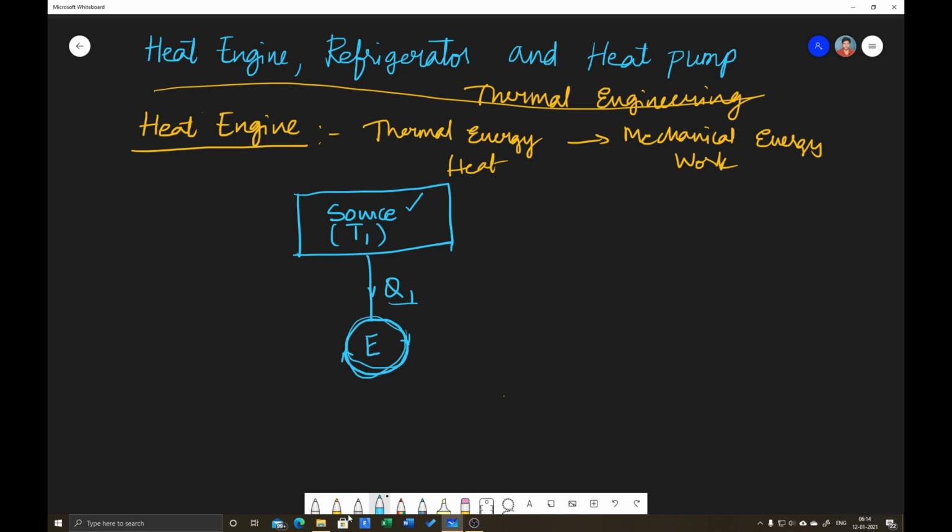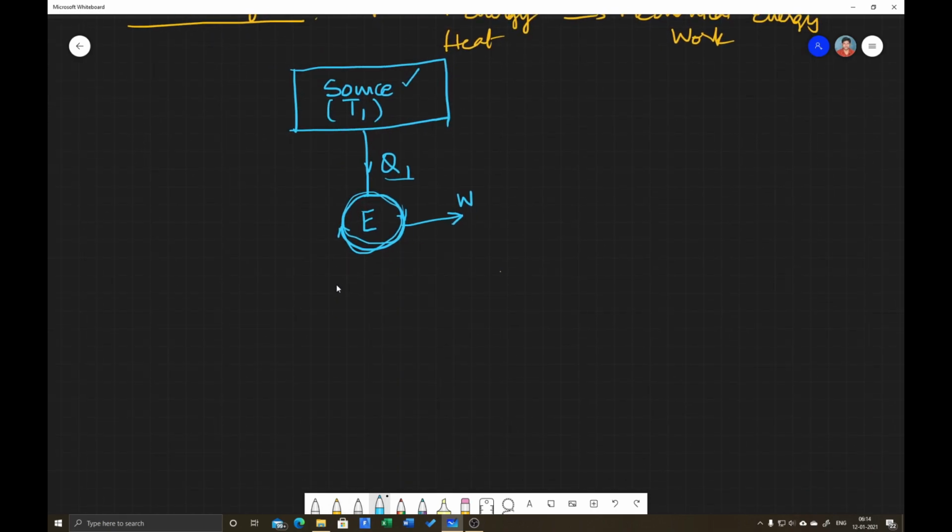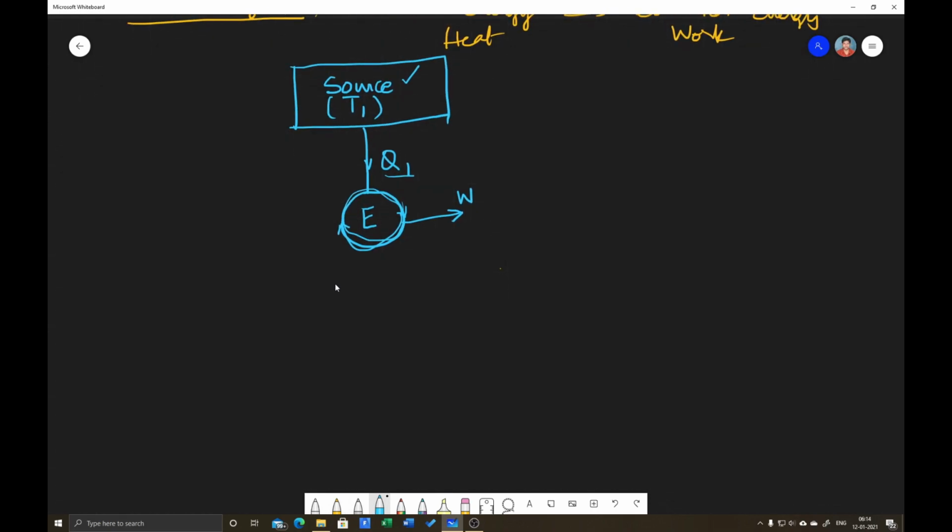So this is a cyclic process. Okay, it will convert this heat into work. We will get whatever the required mechanical energy from this engine, but also it will reject some heat to a lower temperature body, the sink.